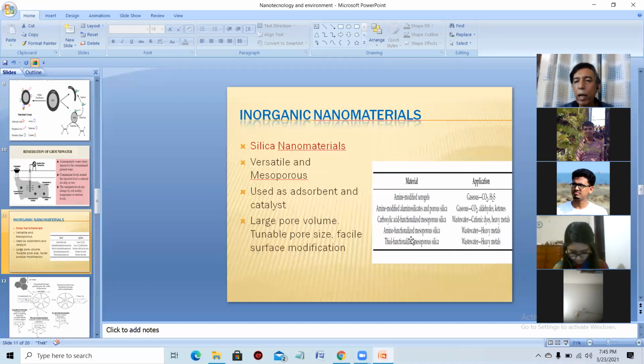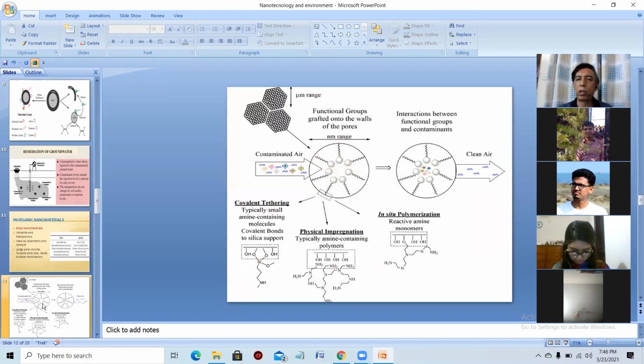Amino functionalized mesoporous silica means you have added amino group as a functional group to silica. It is used for heavy metals in wastewater. Thiofunctionalized means you can place an SH group on the silica, so it is called thiofunctional silica.